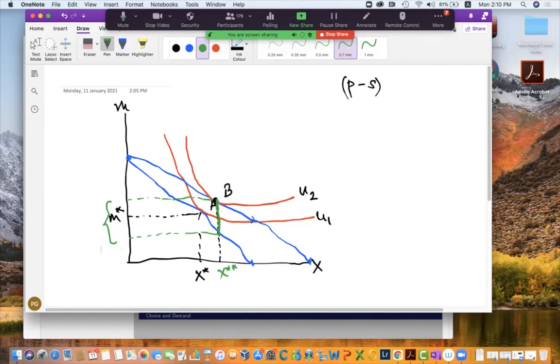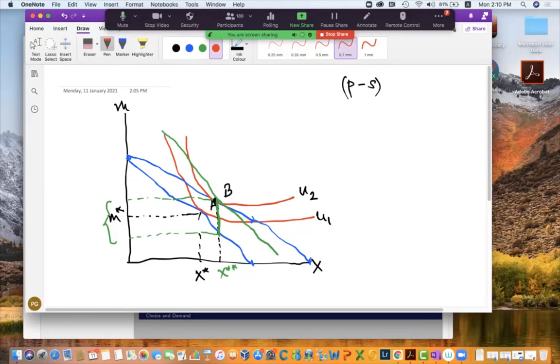If the government takes this amount of money and gives it out as a flat cash payment, then the budget line shifts outwards parallelly, but has to pass through this point. And so the new budget line is like this. All right, everybody see that? Yes, sir.